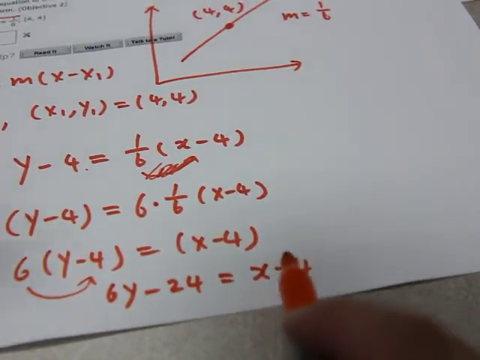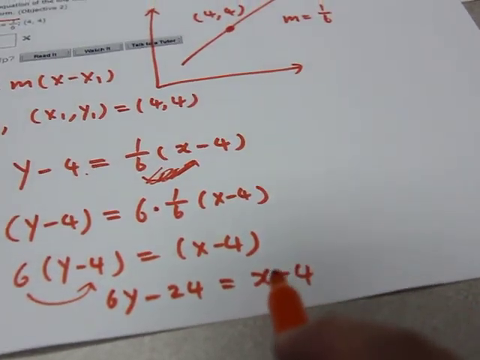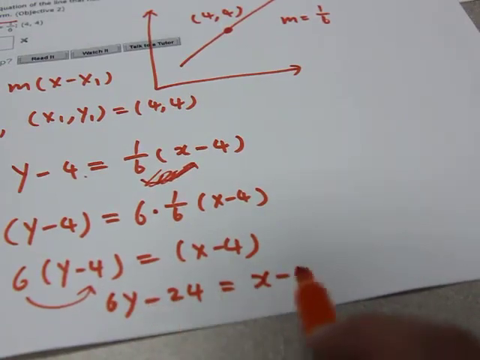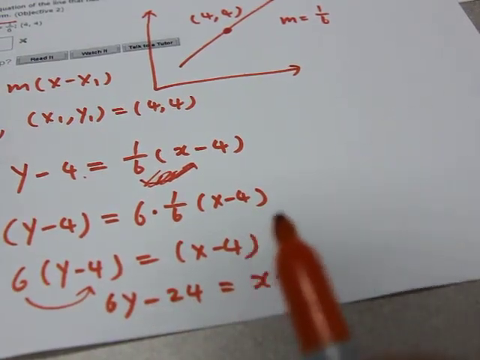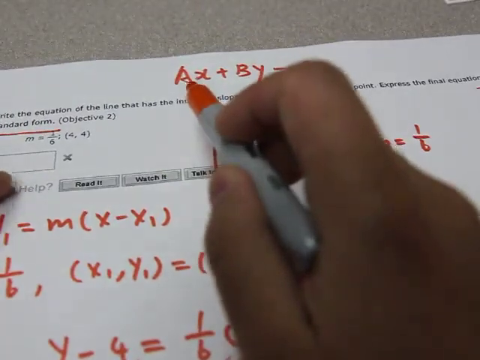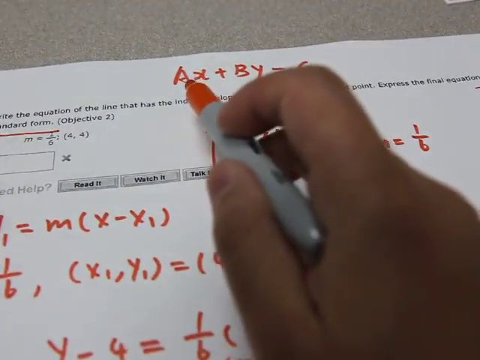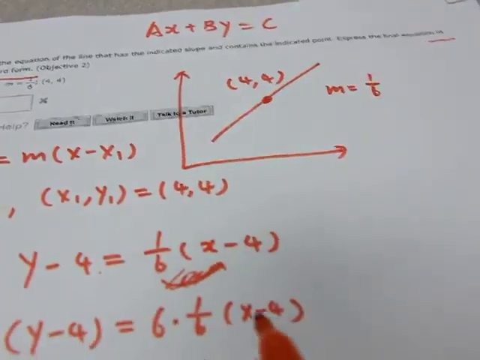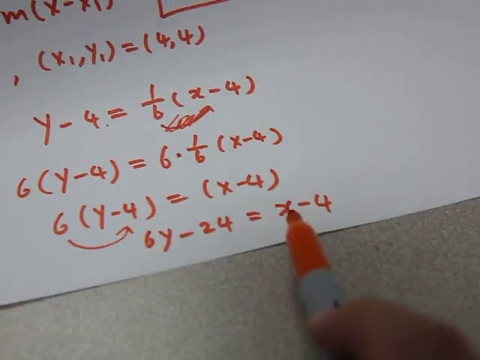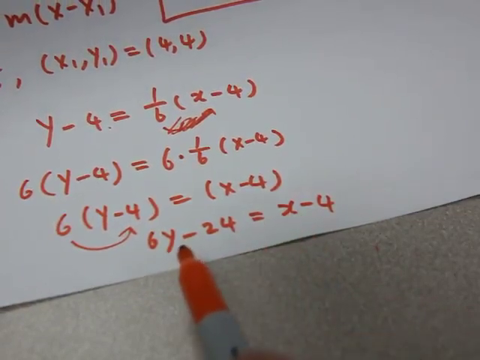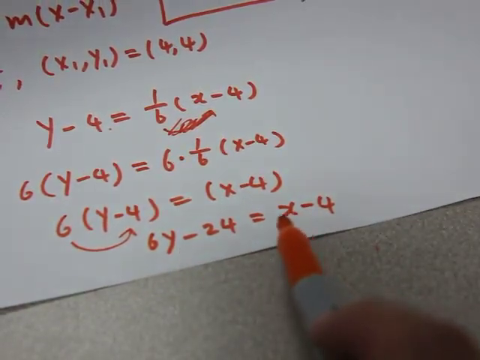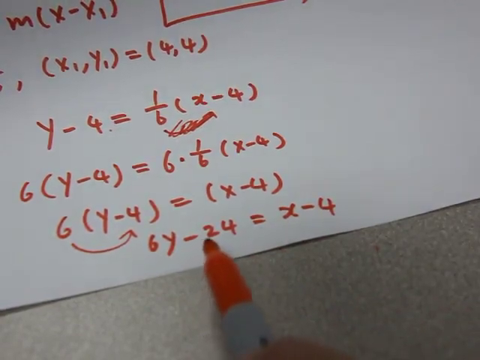And then I want to bring one of the variables to the other side. Now, when I do this, keep in mind, the coefficient of x, according to the requirement, has to be a non-negative integer. So I don't want to bring the x to the left because that will change the positive x into negative x, right?